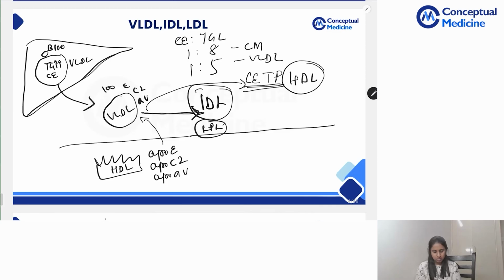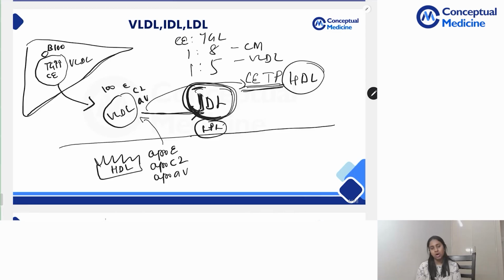With the help of this cholesterol ester transfer protein, the HDL will transfer some level of its own cholesterol to your VLDL, and VLDL will give away its triglycerides to your HDL. So triglyceride and cholesterol exchange happens, and that also results in the formation of your IDL. So IDL is intermediate density lipoprotein.